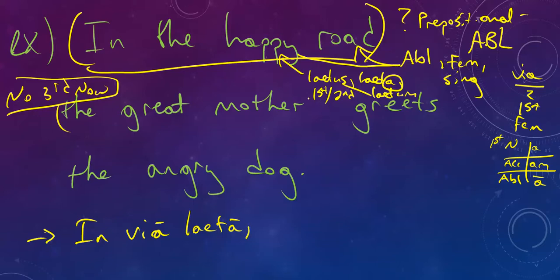Now let's look at the great mother greets. The great mother is the one doing the greeting. So she's nominative. She's the subject, which means that great also needs to be nominative. We know that for nouns, the nominative is the first word.